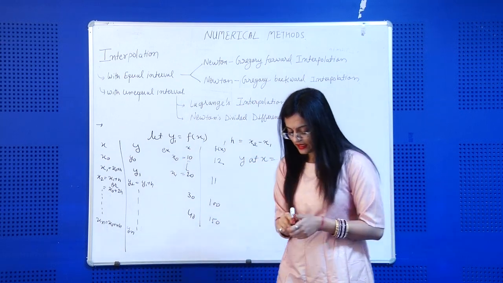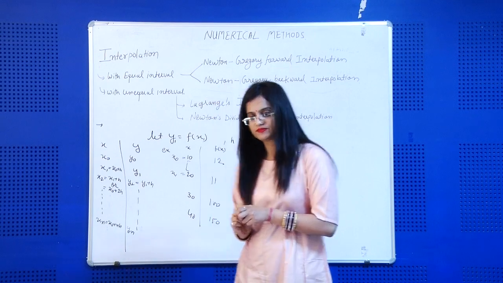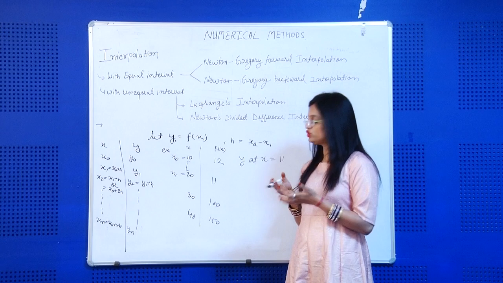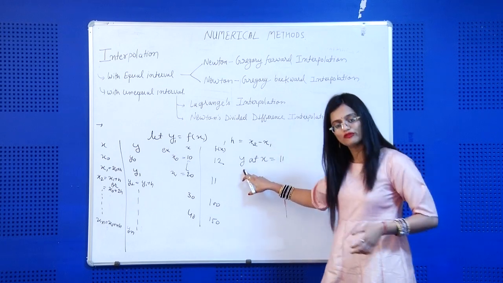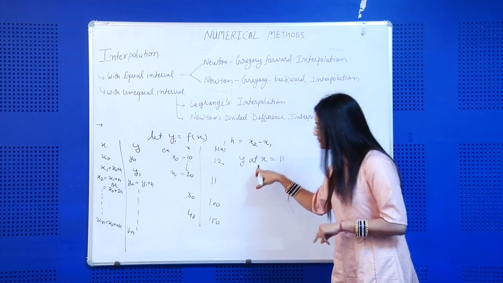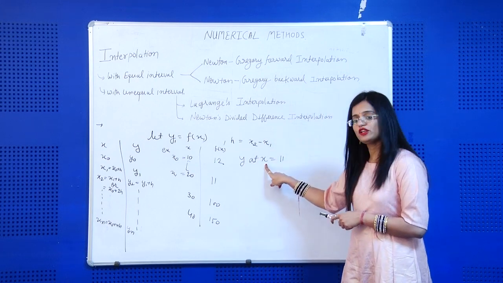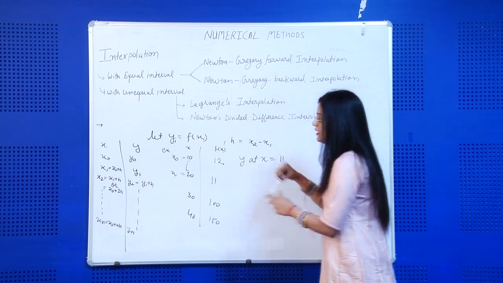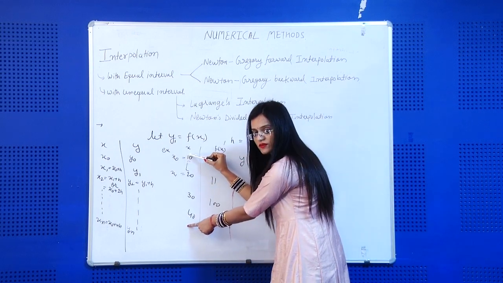So basically, the interpolation technique gives a convenient method to find the missing value of y where x is given. But the condition for interpolation is that the given value of x, where you have to find the value of y, lies within the range.